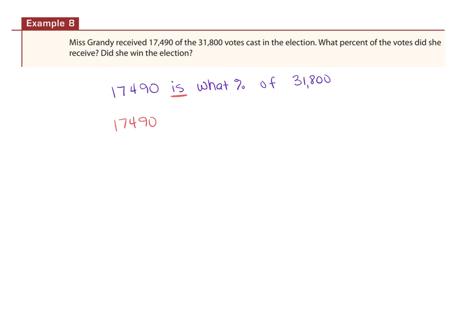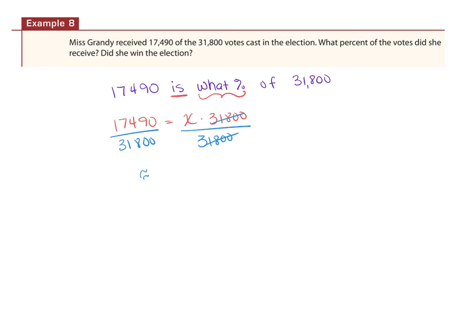17,490. What am I going to replace this with? Equals. This is going to be replaced with a variable. And then we have that. How do I solve? It's being multiplied, so what do I need to do? Divide. What is 17,490 divided by 31,800?